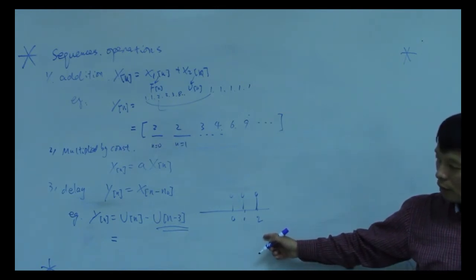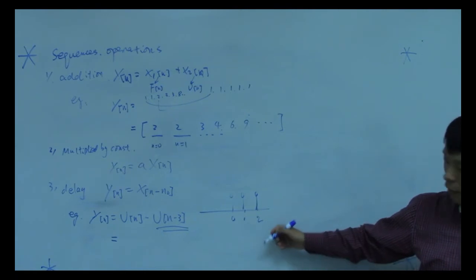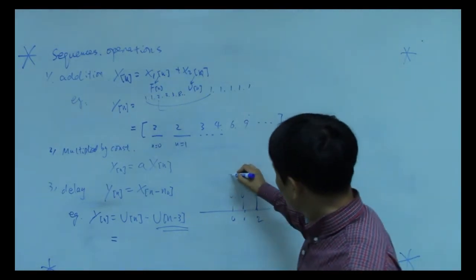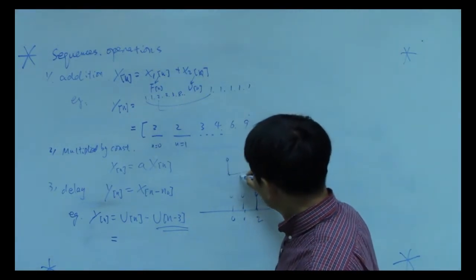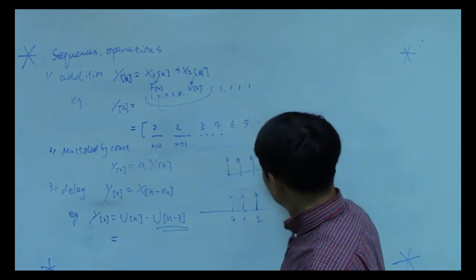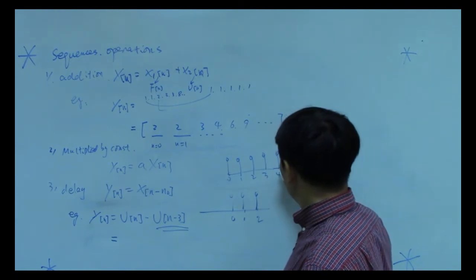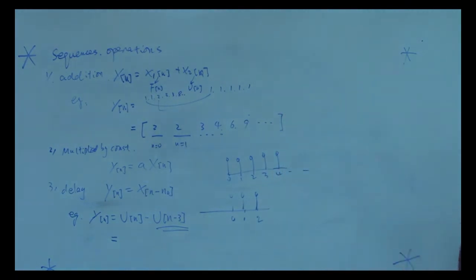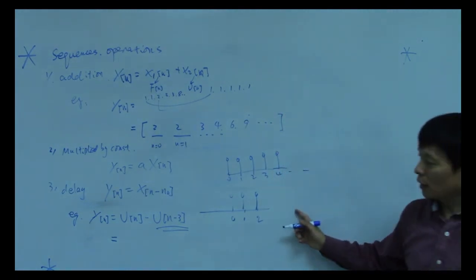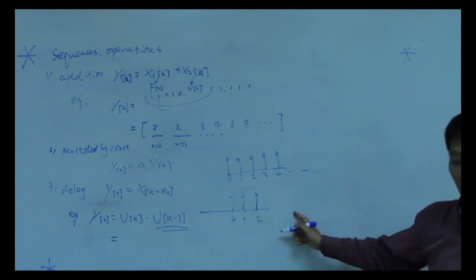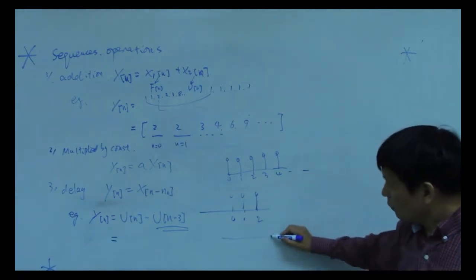Would u[n] be to the left? u[n] will be like this: 0, 1, 2, 3, 4, and so on. This is u[n], right? u[n minus 3] just starts at 3.